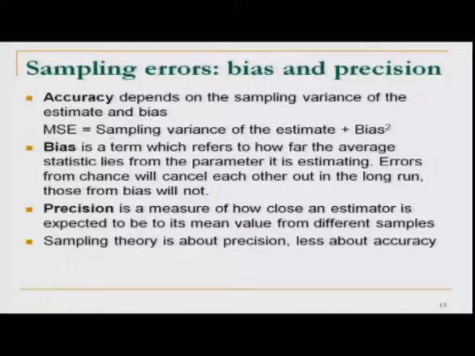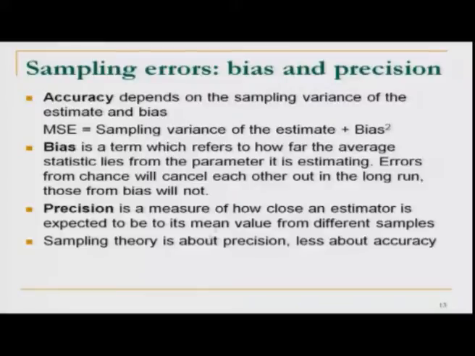Mean square error is the sampling variance of the estimate plus bias square. So this mean square error depends on both the sampling variance of the estimate and bias square. That means we have to reduce both the sampling variance of the estimate, or sampling error, as well as bias to get accurate results.